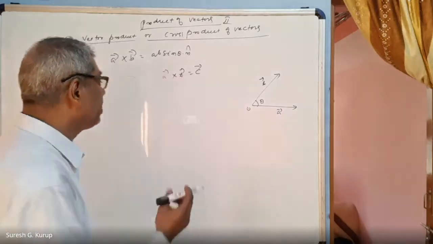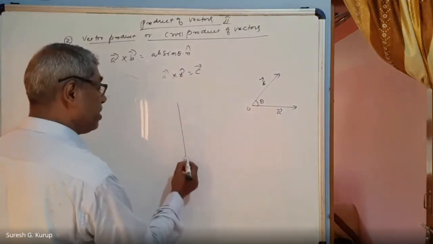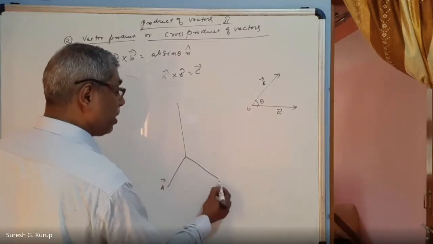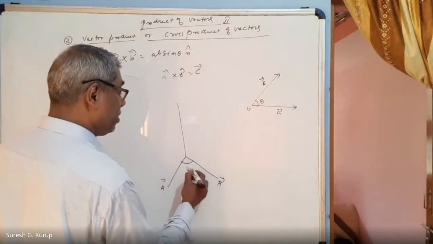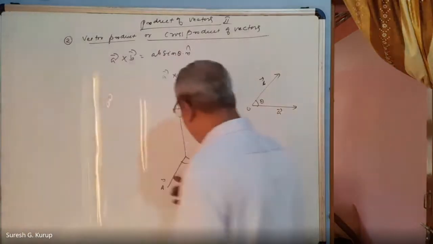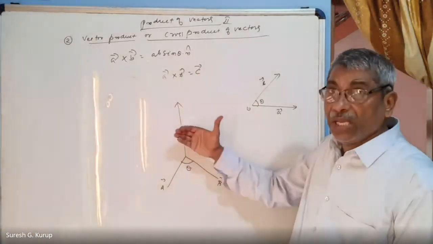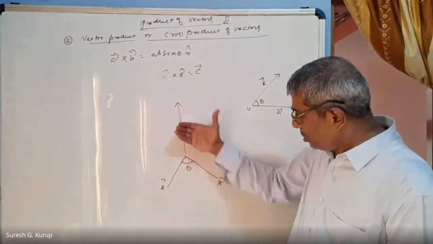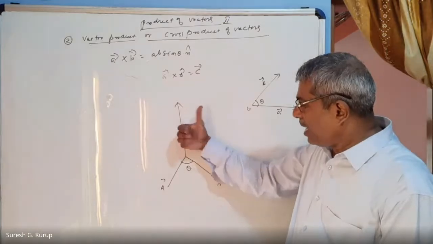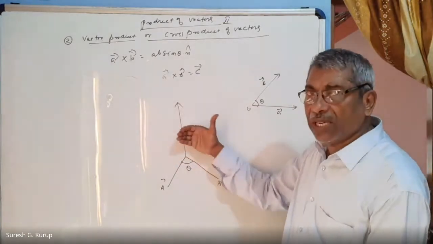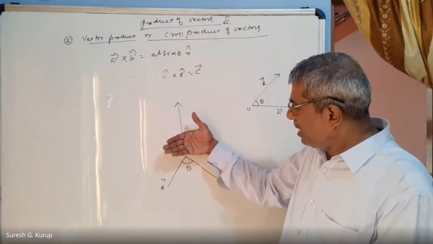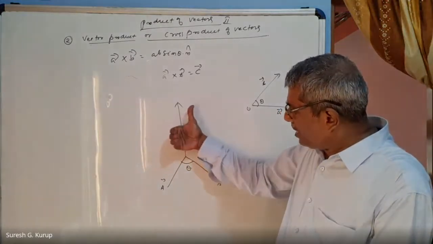Suppose two vectors are there. This is vector A and this is vector B, and the angle between them is theta. If vector A is turned towards B in the direction of the curl of the fingers, right hand curl of the fingers, the right hand is kept like this and curled.